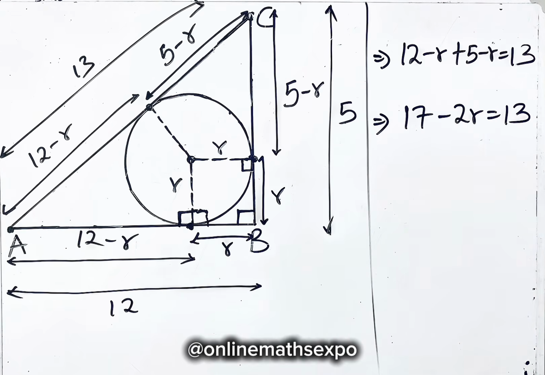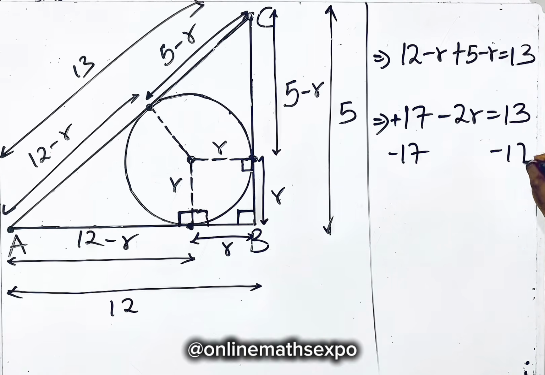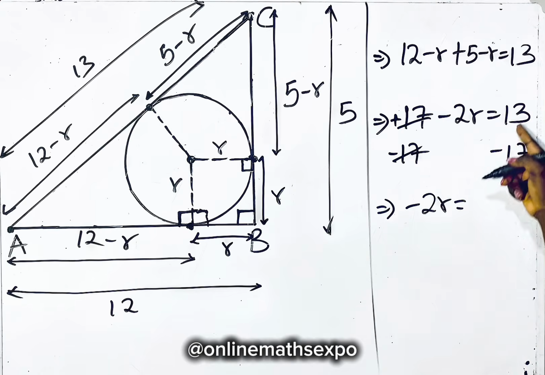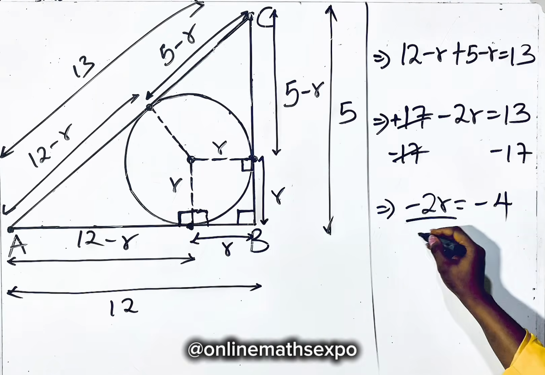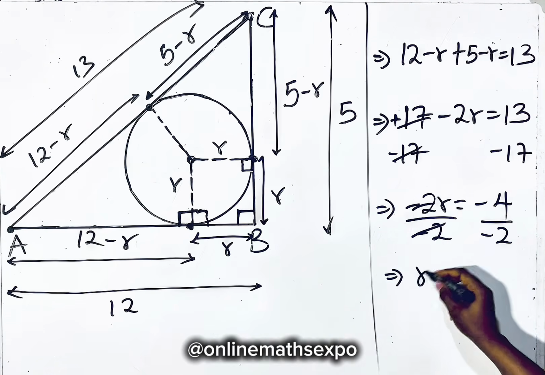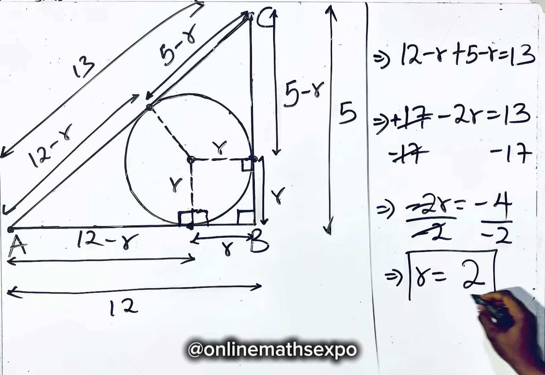So what should we do next? This 17 is positive, so you subtract 17 from both sides. Subtract this, it is 0, minus 2R is negative 4. To get R, divide by the coefficient. When you do that, the radius will be, divide this, it gives you 2. So the radius gives us 2.